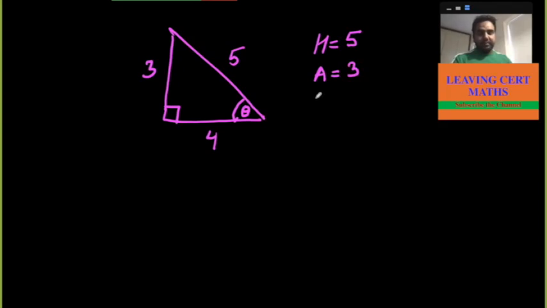Why adjacent 3? No, this is your angle theta, so there are two sides making this angle. One of them should be your adjacent, so this 4 is adjacent, and 5 is your hypotenuse.